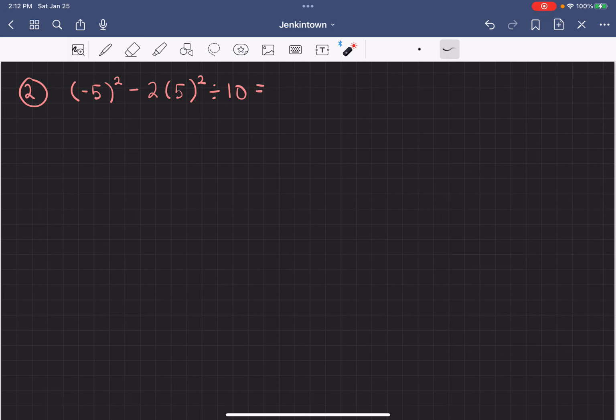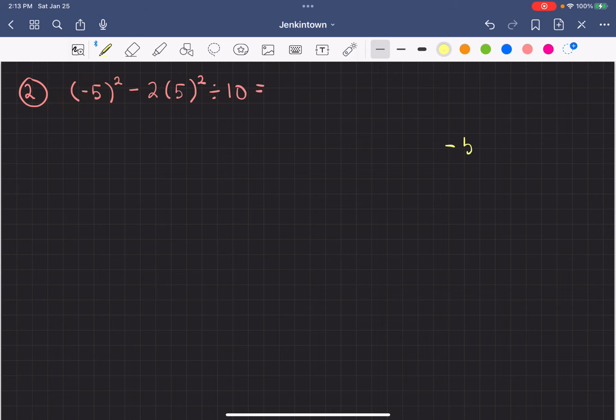I'm going to start here with the, well, we say parentheses first, but these parentheses here are both related to the exponent, right? So I'm going to do exponents first. So this parenthesis here is telling me that everything inside the parentheses, that is the 5 and the negative, so my base is negative 5, is to the power of 2.